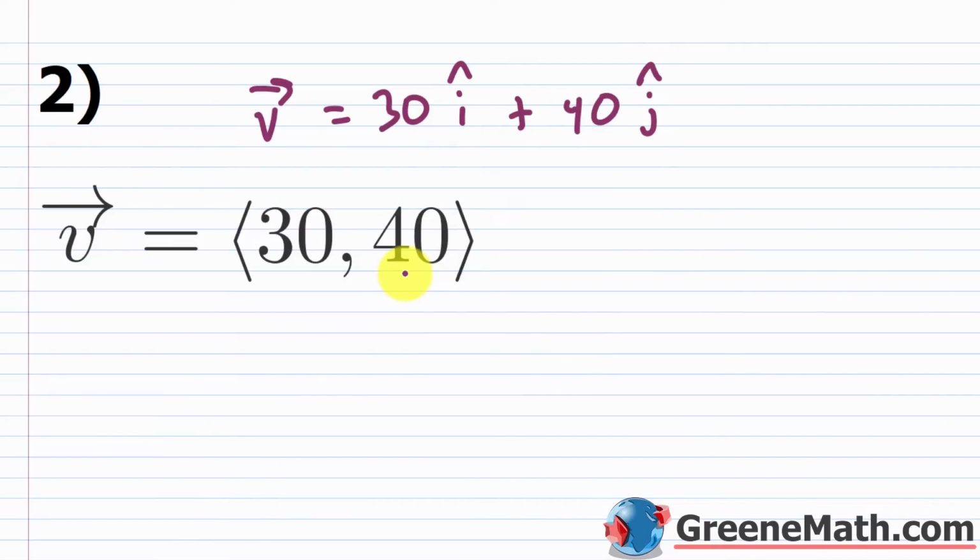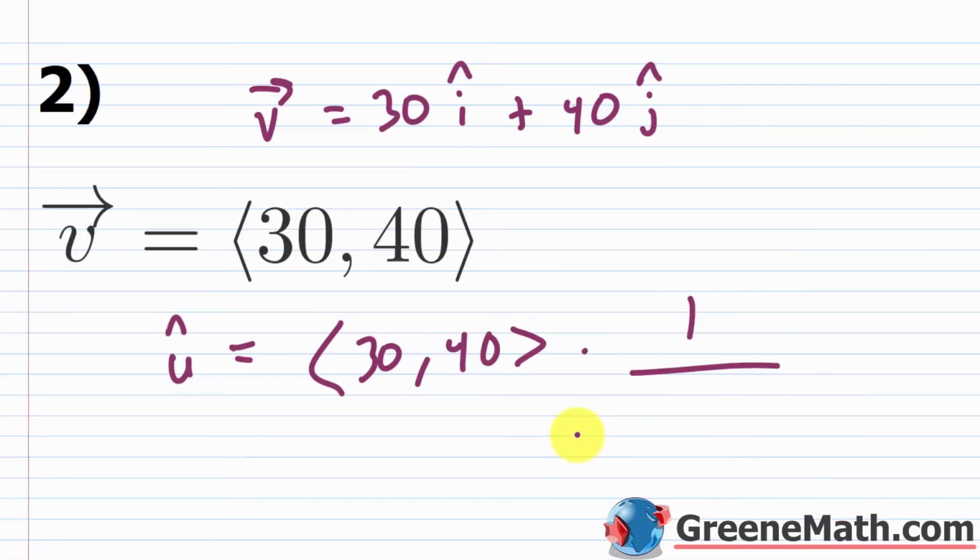Now, if you want to find the unit vector u, again, that just means it has a magnitude of 1, in the same direction as this vector v, meaning the direction angle is the same. You're just going to take this vector v, so let me write this as 30 and then 40 for the components, and you're going to multiply it by 1 over the magnitude of that vector v. So what is the magnitude of the vector v?